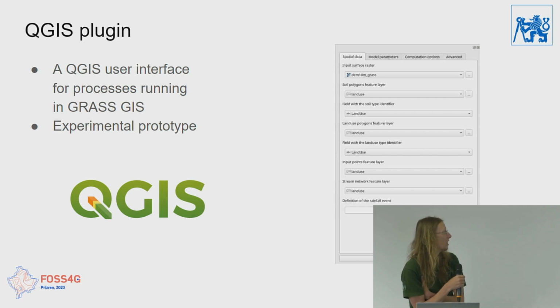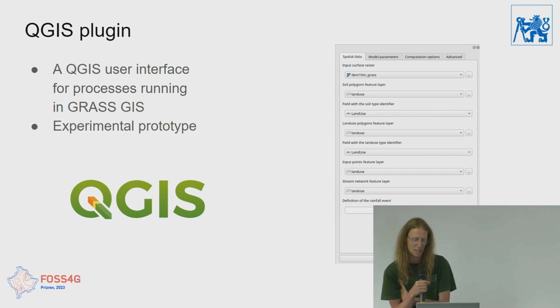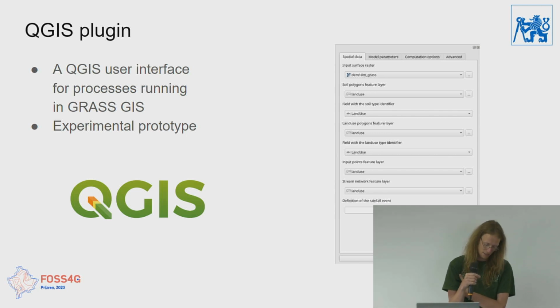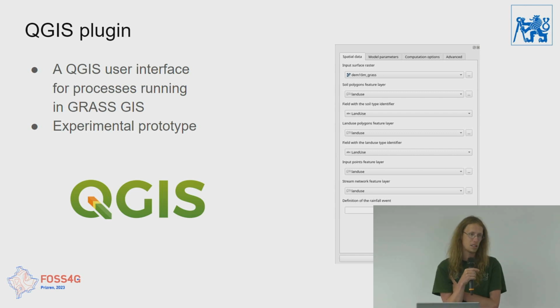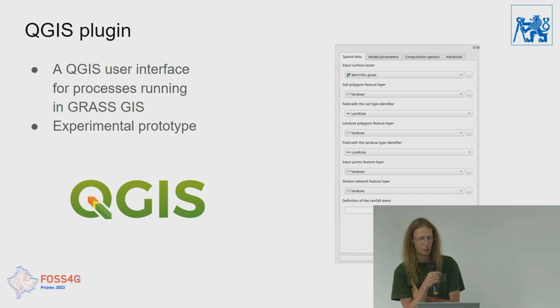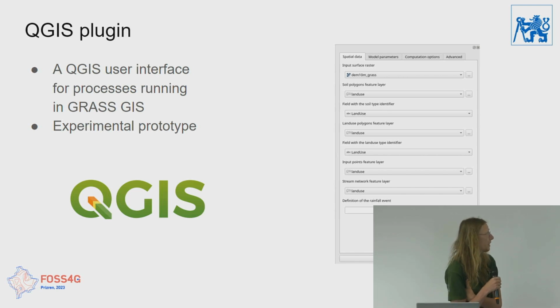And then there is the QGIS plugin for those that would like to send some statistics for the QGIS thing. It's a new thing. It's still considered an experimental prototype, because it seems to be working.